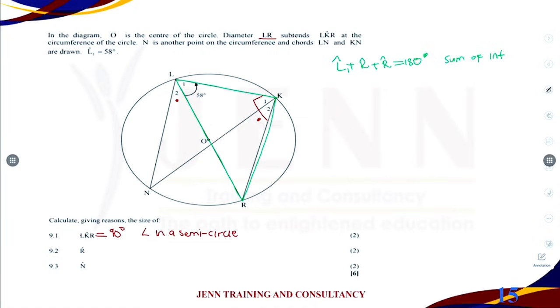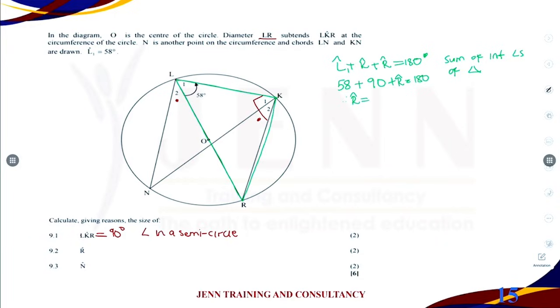So that will be 58 plus 90, because now we know angle LKR is angle K1 plus 2. So the size of angle K is 90 degrees. So 58 plus 90 plus R is equal to 180. Therefore, angle R is equal to what?